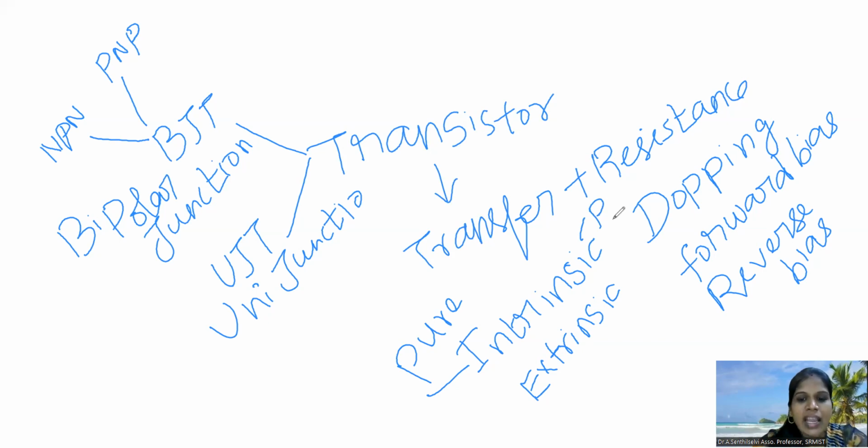If you add N-type impurities, it becomes an N-type semiconductor. So depending upon the impurities added, we call it P-type or N-type. The P-type impurities are trivalent impurities, and N-type impurities are pentavalent impurities.